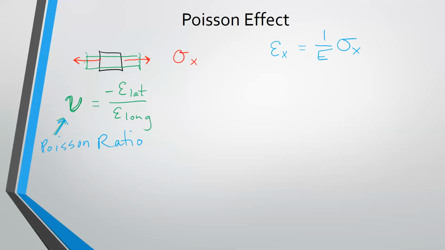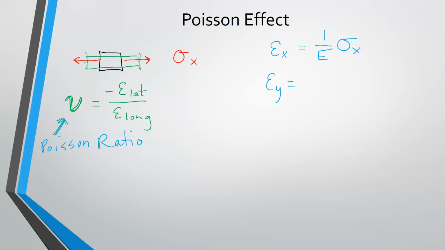So if that is my strain in the longitudinal direction, and I want to express the strain in an orthogonal direction, which would be epsilon Y, I can do that using the Poisson ratio. So I know that the Poisson ratio times a negative longitudinal strain will give me a lateral strain.